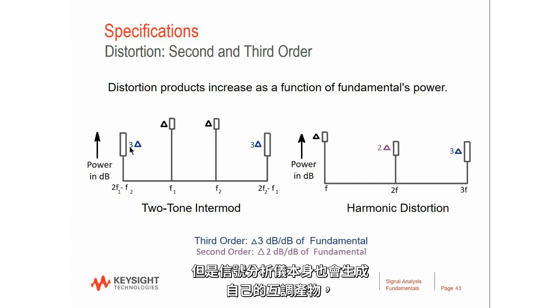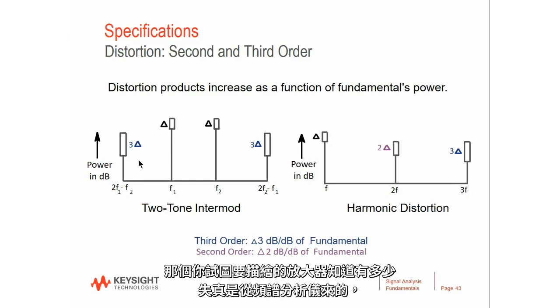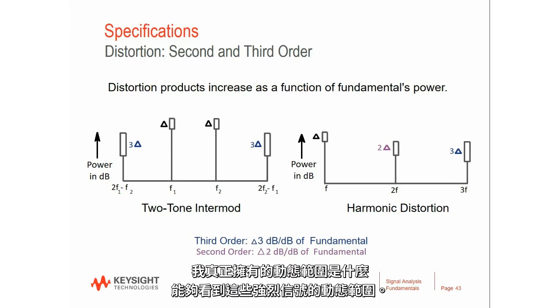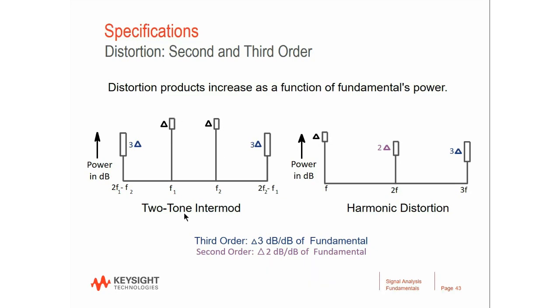However, the signal analyzer itself will generate its own intermodulation products, and those are indistinguishable from the ones generated by the device under test, the amplifier that you're trying to characterize. So it's very important to know how much distortion I get from the spectrum analyzer, how I can minimize that distortion, and what dynamic range I really have to see this signal in the presence of these strong signals.